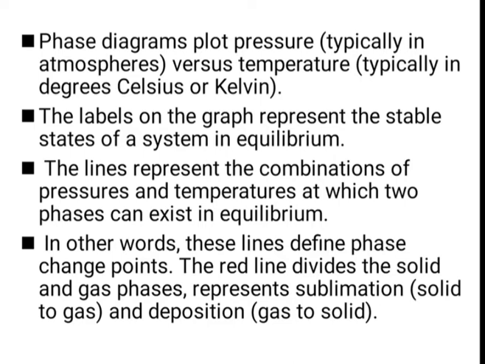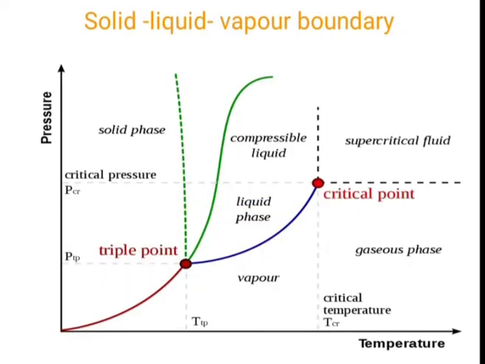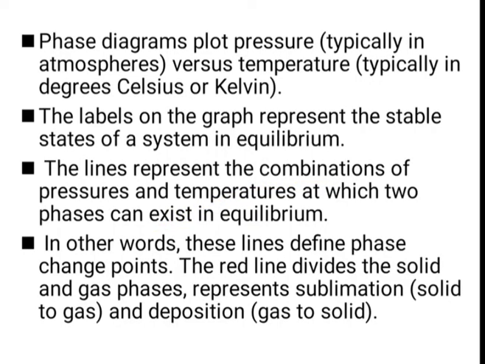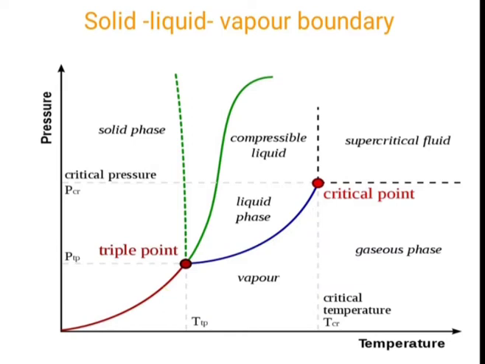The red line divides the solid and gas phase, or the vapor phase. So, this is the boundary in between solid and the vapor, and the red line which divides the solid and gas phase represents sublimation, that is solid is directly converted into vapor.